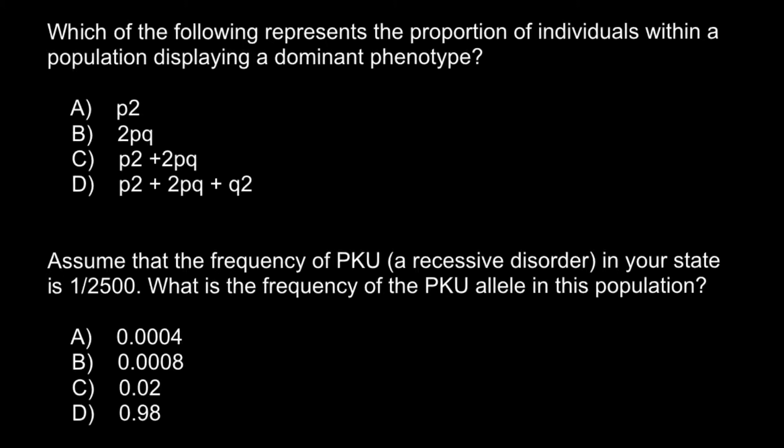Imagine that we have only two alleles. One is a dominant allele, another is recessive. According to the Hardy-Weinberg formula, we use p for the dominant allele and q for the recessive allele. This can be, for example, capital A and small a.